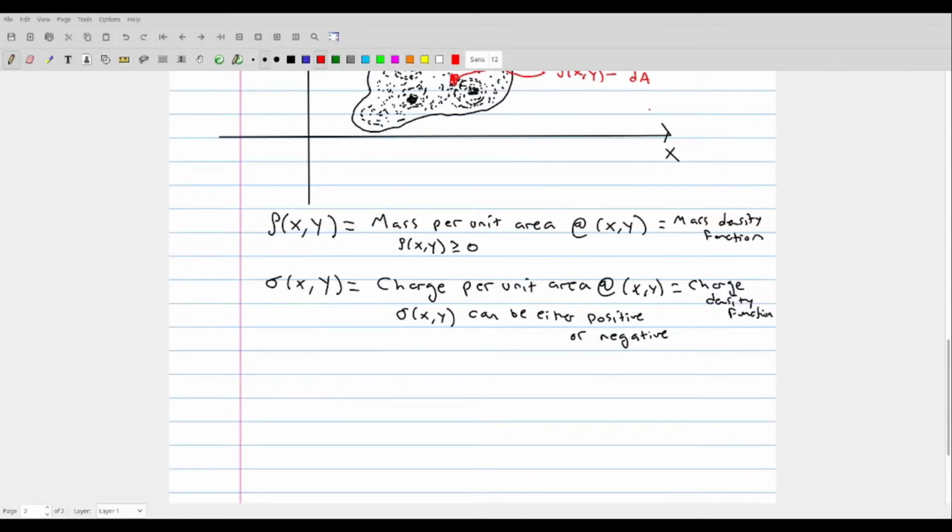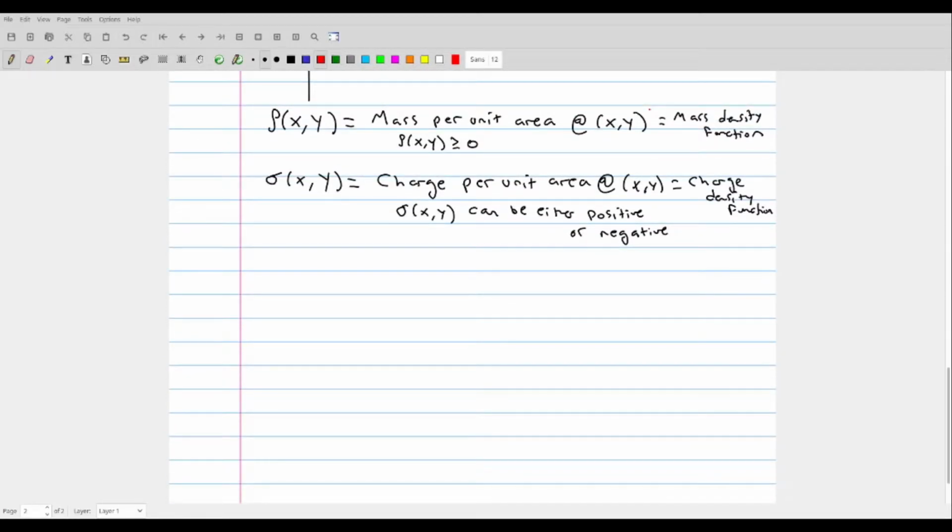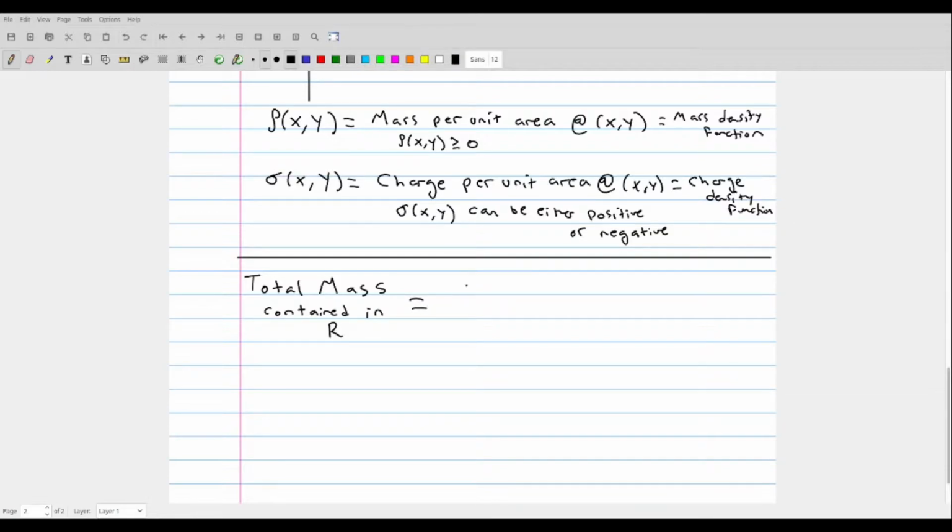But what we're going to justify in just a second are the following two formulas. The total mass, the total amount of mass contained in a region R, or in a lamina, is directly equal to what we'll call M, capital M, just for notation.